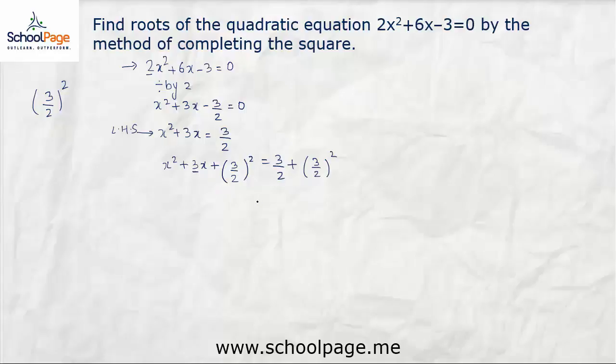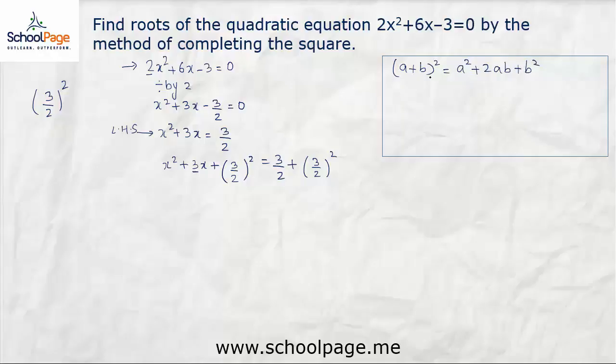Let us check if we have made the left side of the equation a perfect square. Now for this we use the algebraic identity (a + b)² = a² + 2ab + b². Let us take our a as equal to x and b as equal to 3/2.